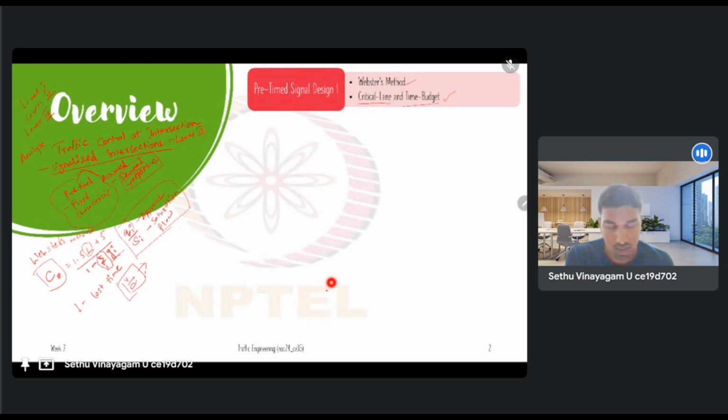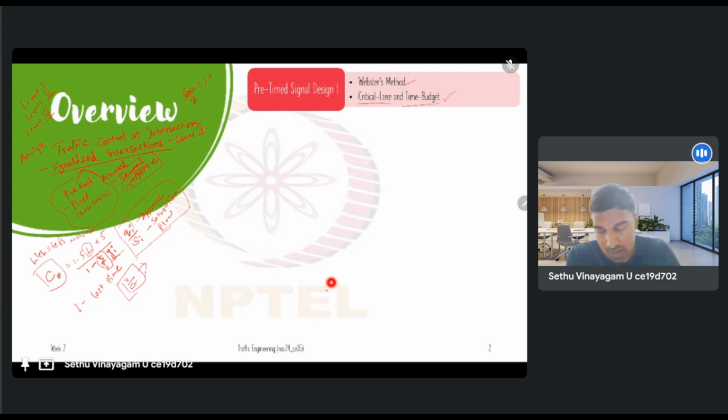And then the concept of time budget is basically how you allocate the time that you have available. If we take a 1 hour period and say a cycle length of 2 minutes, so you'll have 60 minutes and each cycle is 2 minutes, you'll have 30 cycles in 1 hour.